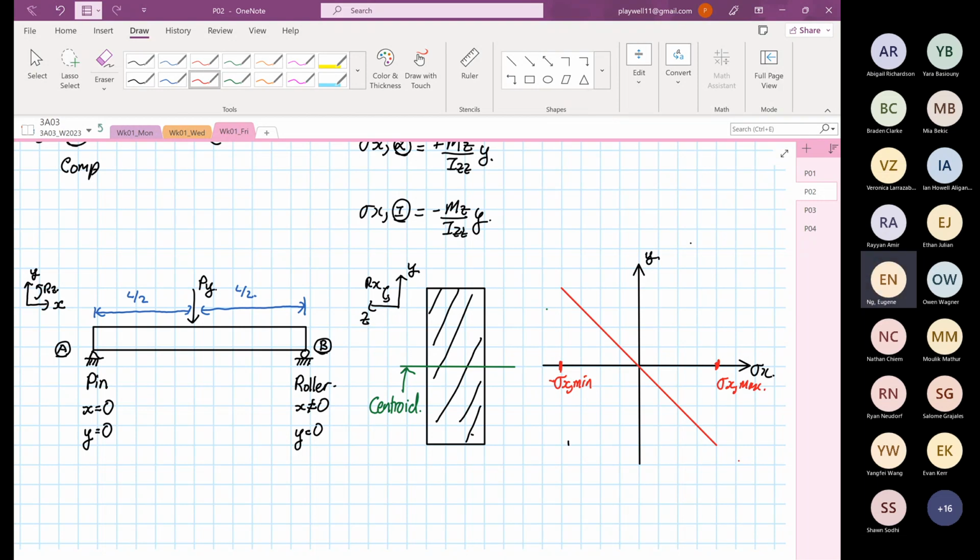So when we draw our stress field, how do we sketch it? There are a few ways that people do it, but what I want you to do is follow this notation. I'm going to draw a thick pink line. So this is where the material is.